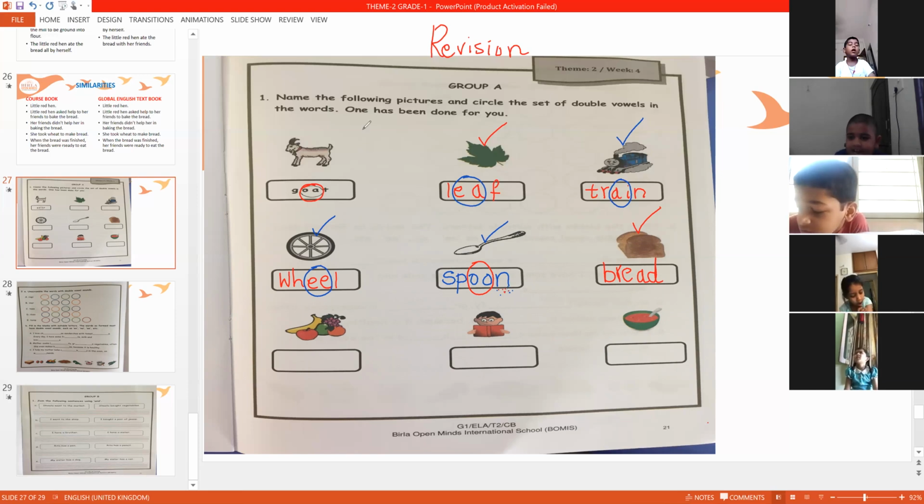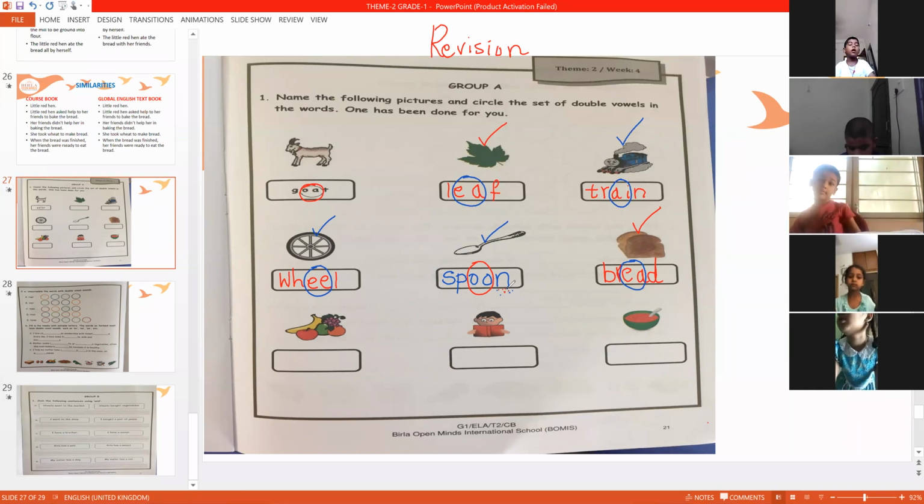E and A. So that is also a double vowel word. Now you can see, children, the words we have written here: goat, leaf, train, wheel, spoon, bread. In everything you can see two vowels placed together, and that makes the word a double vowel word.